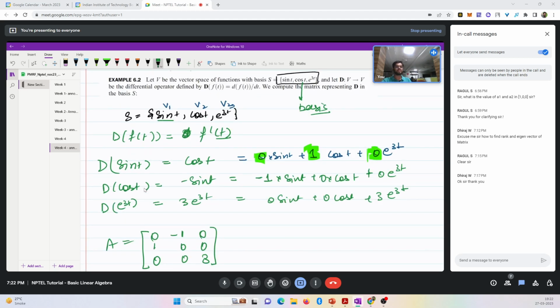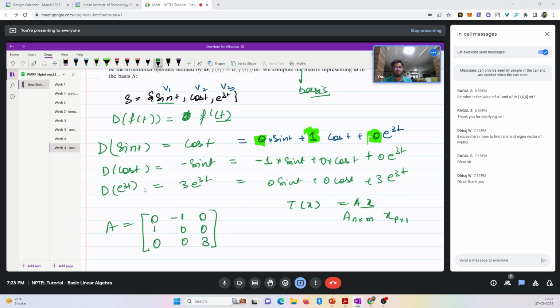Now, one thing you can see here is that, as I mentioned, T of x is equal to A of x. Now, if A has dimension n cross m and x has some dimension p cross 1, then as x belongs to U, let's say this is a transformation from U to V, the dimension of U would be p.